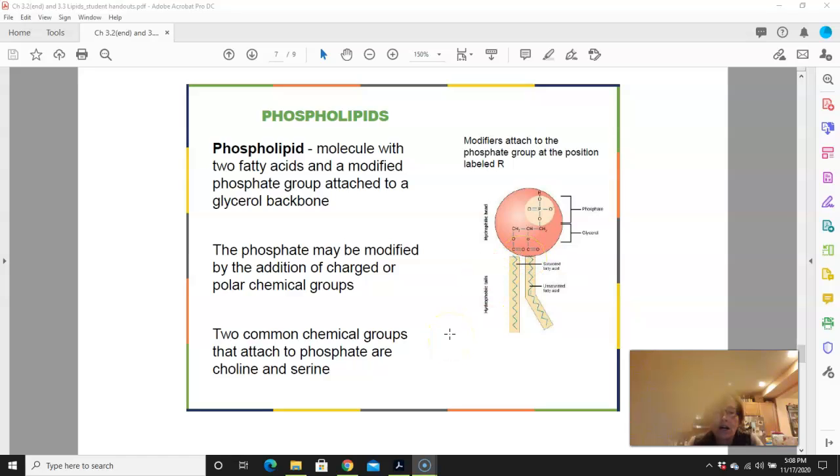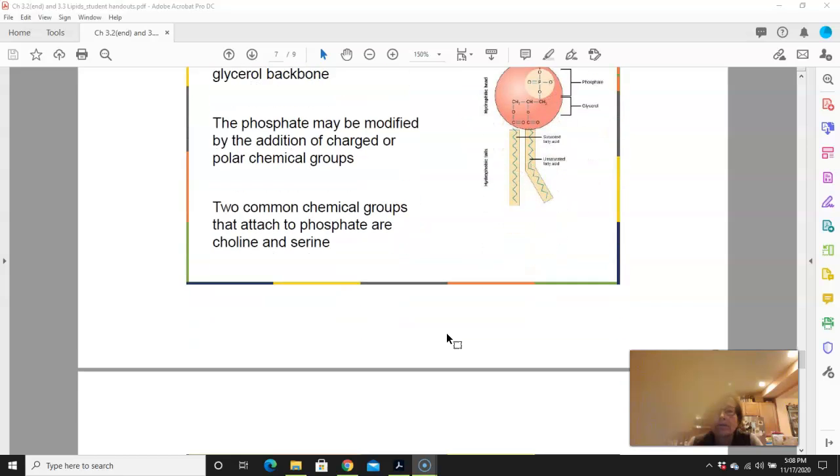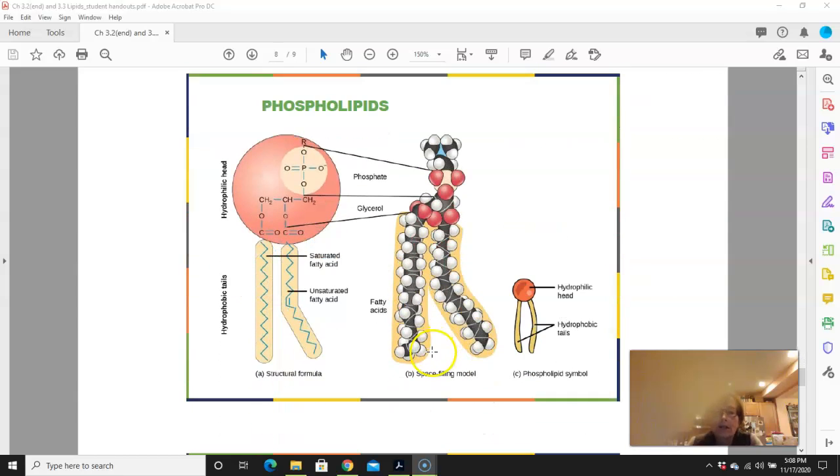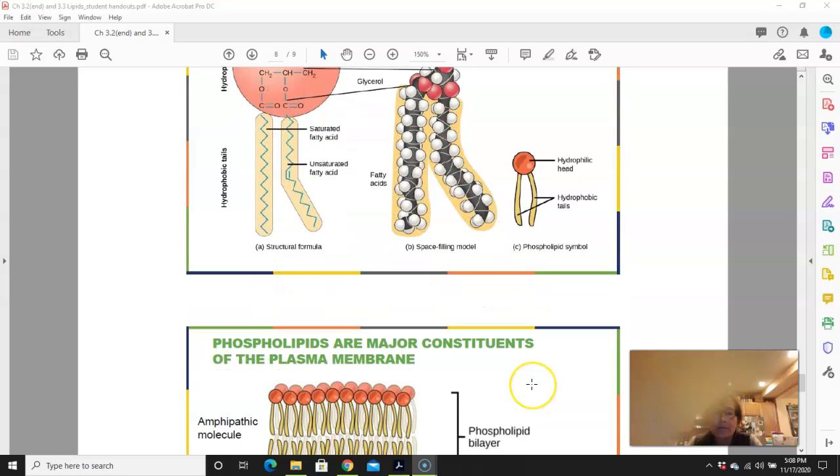We'll talk a lot more about that later, so just keep that in mind. Okay. Here's another picture of it, a little bit closer. This is very often the way we draw it, rather than doing that kind of an elaborate structural formula, the space filling model. We go to this really quick and easy look at this phospholipid right there.